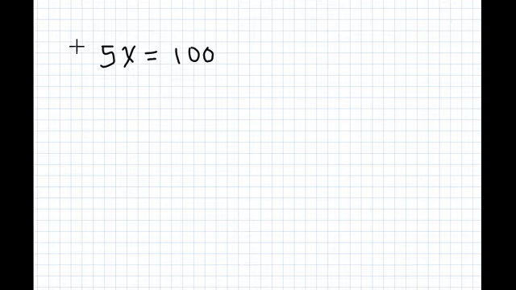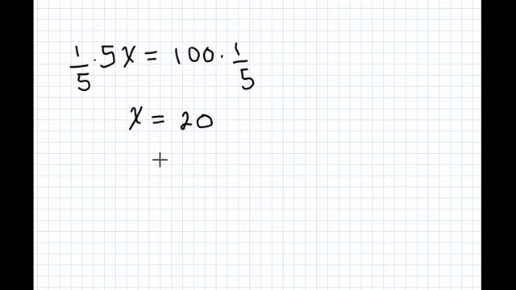And what we're going to do here is multiply both sides by 1/5. 1/5 times 5 is 1, and 1 times x is just x. And so we're left with x is equal to 1/5 of 100, which will be 20. So 20 is our solution.